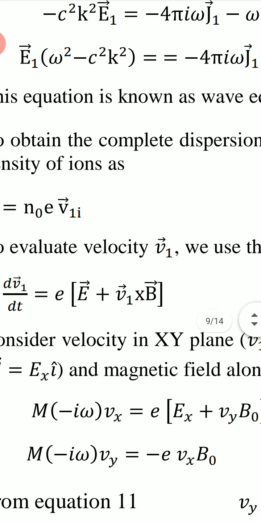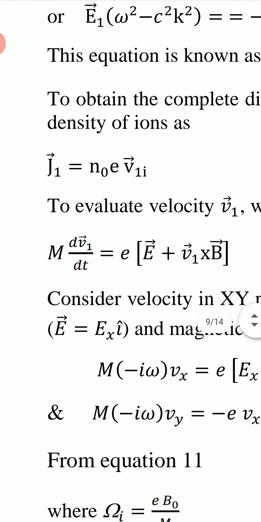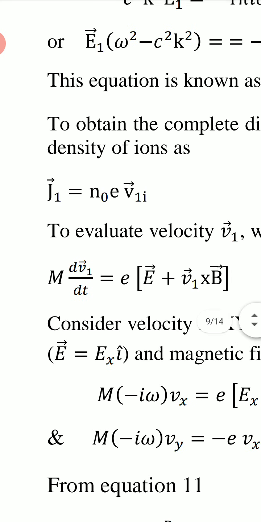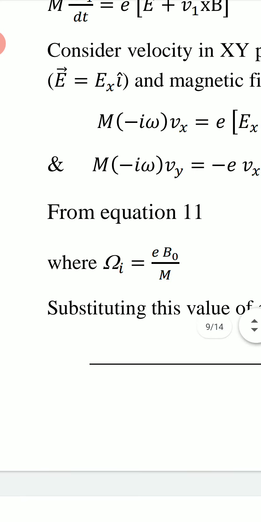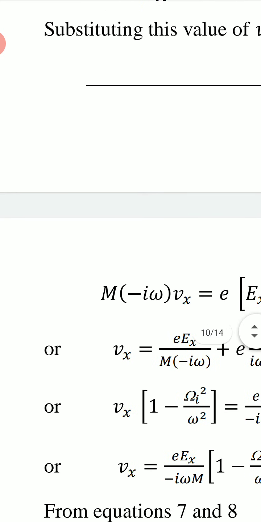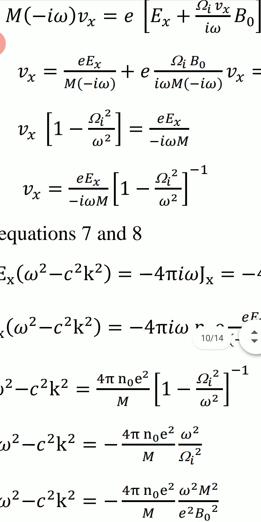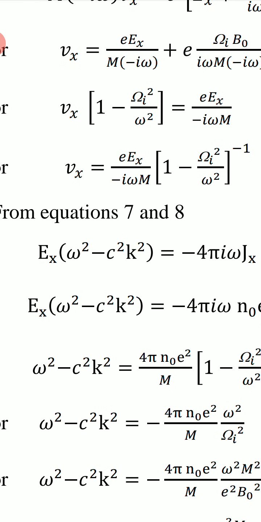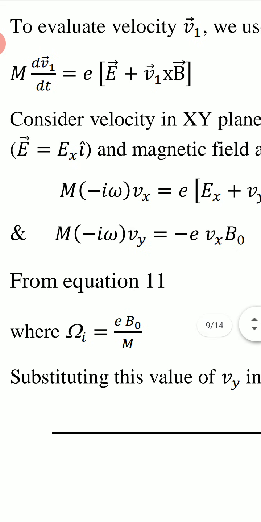In this equation 7, we have to put the value of j1, and the value of j1 is n0 e v1i. So we write its x component. X component of equation 7.